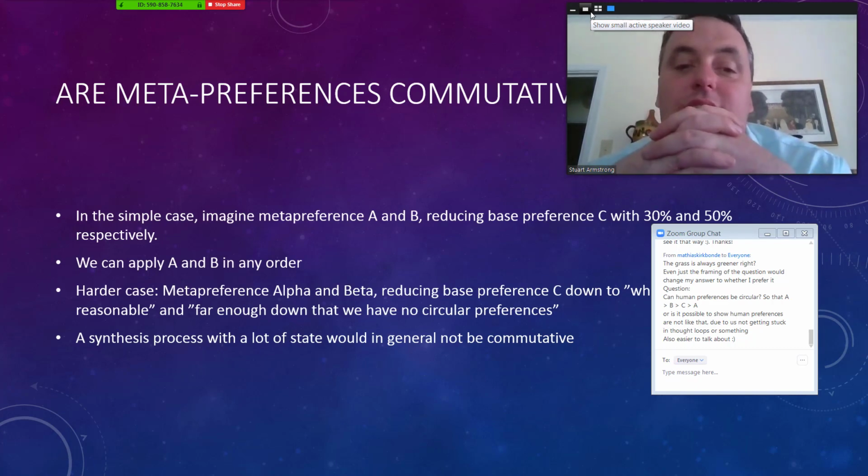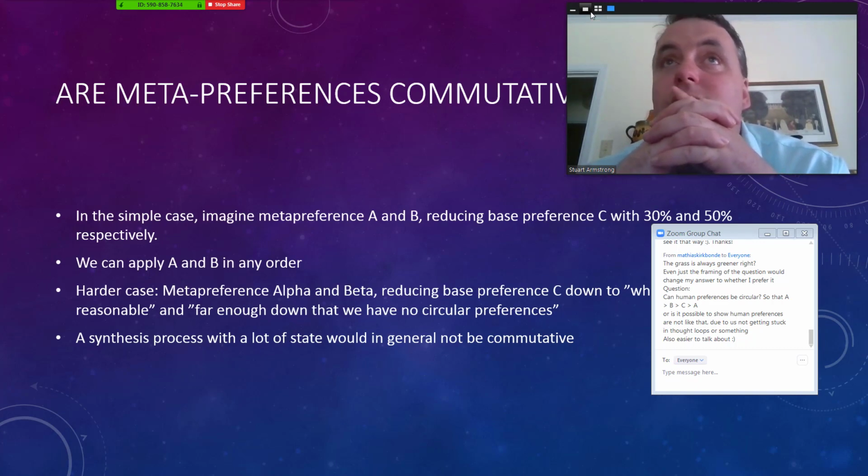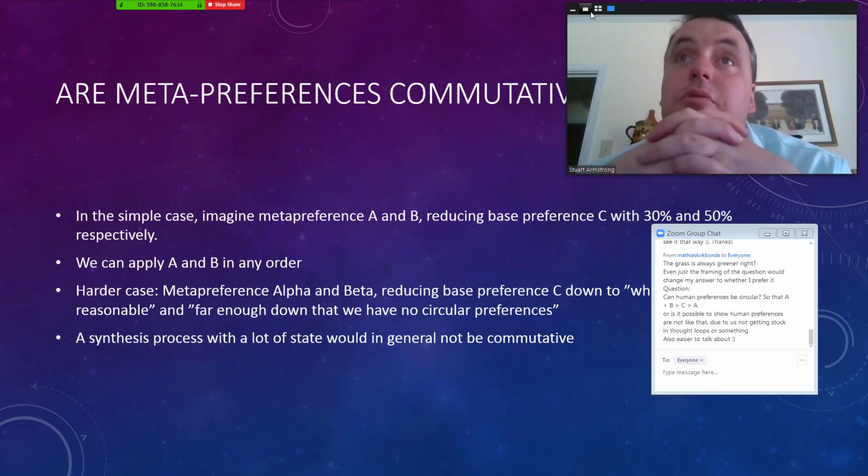If we do the synthesis, I would expect that a lot of different kinds of synthesis processes end up with basically the same result, or at least similarly acceptable results. They might be somewhat different in outcomes, but equally acceptable.